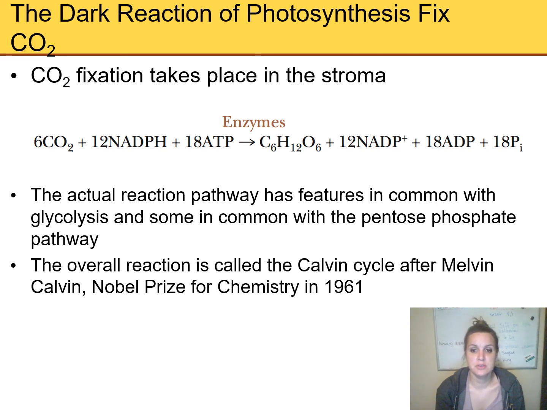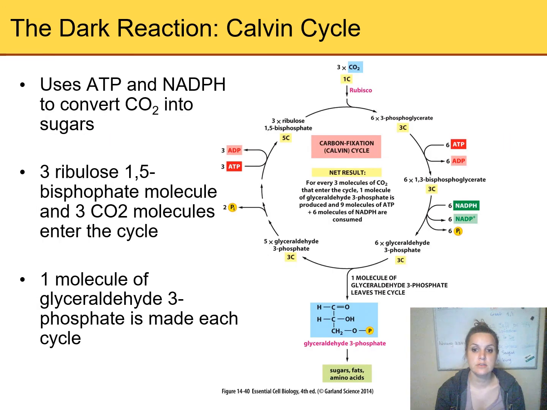But ultimately what you see is you're going to have carbon dioxide, and it's going to lead to the production of glucose. So this overall reaction is called the Calvin cycle, and it's named after Melvin Calvin, and he actually won the Nobel Prize in 1961 for chemistry. Very cool. So the Calvin cycle is really interesting.